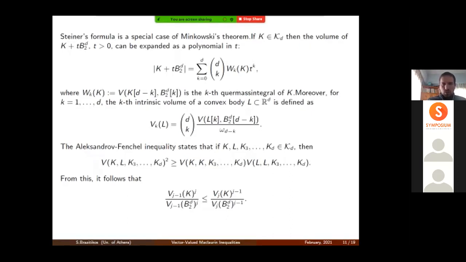Let me say that this inequality, for example, contains many well-known inequalities.